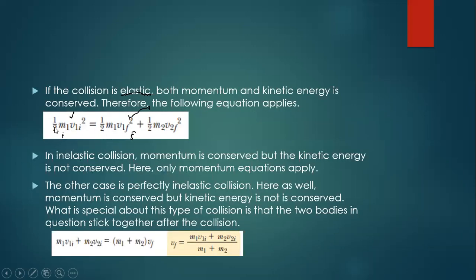But at the end of the day, we must make sure that when we calculate the kinetic energy of what we have in the initial, I've even shown here initial, when we calculate it, if it is equal to what we have in the final, half mv squared for mass 1 and half mv squared for mass 2, if what we have here is equal to what we have on the other side, then we call this collision elastic collision, because both kinetic energy and momentum is conserved.